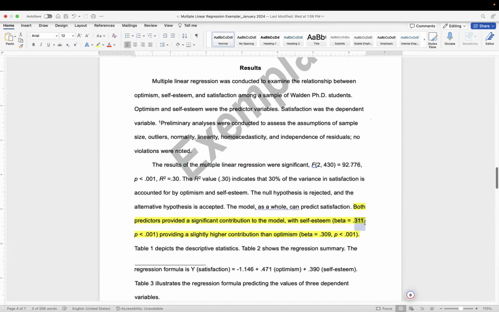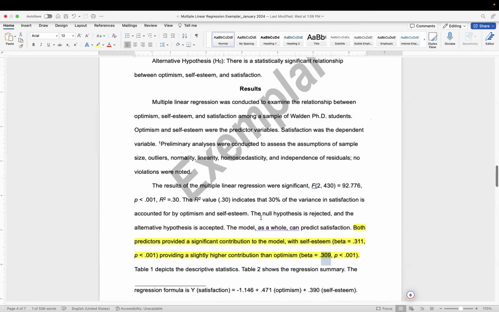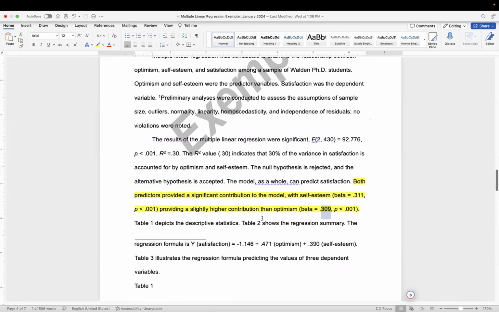Remember, we compare them for the strength. Which one is the strongest? So 0.311 is just slightly higher than 0.309. But I'm giving the reader now some indication of the strength of each of the predictive variables and that both of them were significant. You might say, well, in the model, only one variable was significant.